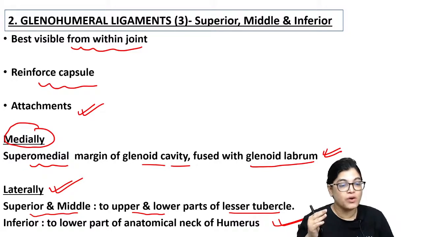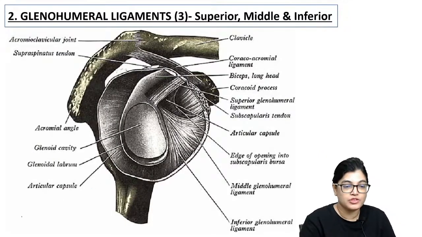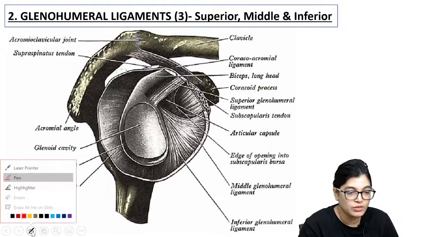Laterally, the superior and middle are attached to the upper and lower part of the lesser tubercle, and the inferior goes lower down to the anatomical neck. Now coming to the diagram, which will make you understand more nicely.